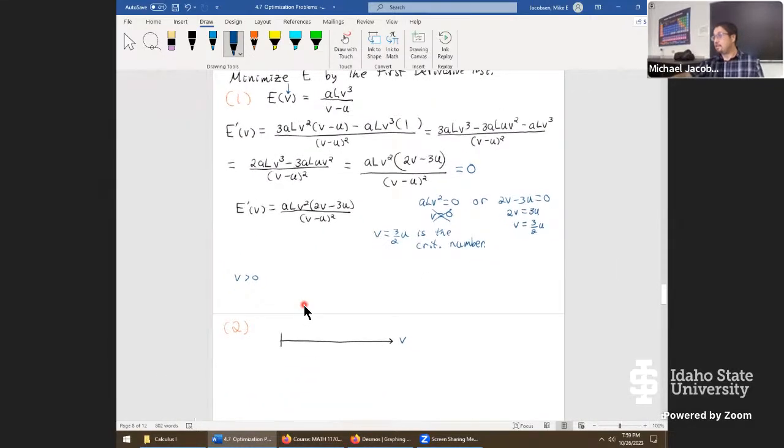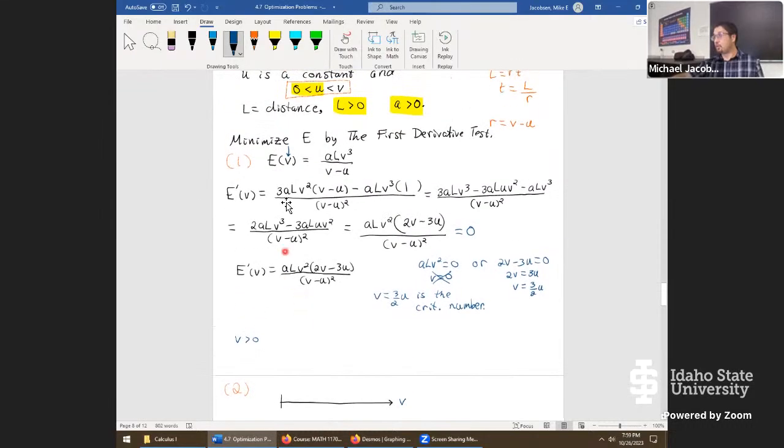Let's go back up to that equation. It has to be U, absolutely. The domain of V is all values larger than U. U is unspecified. That's kind of strange, because U could be any speed of any current. We're not trying to give a specific value.